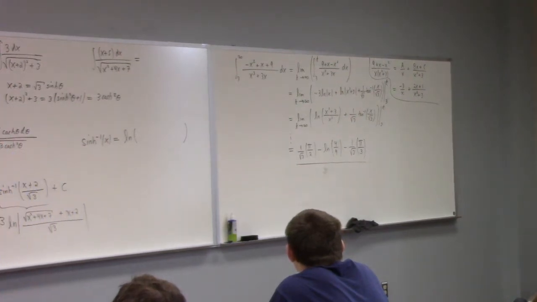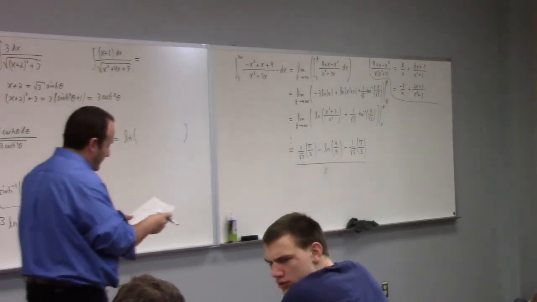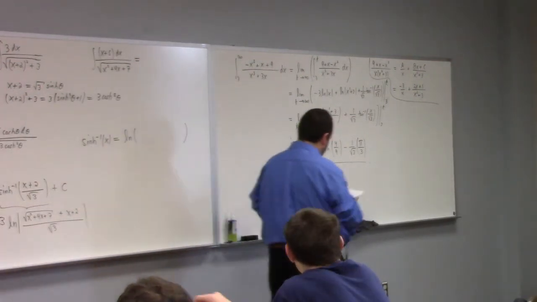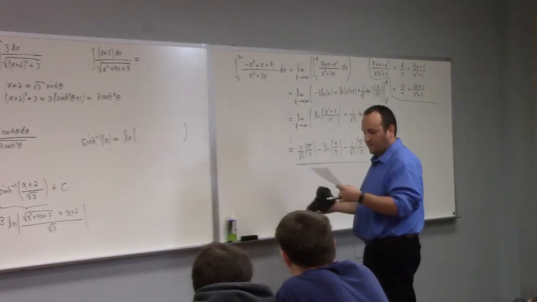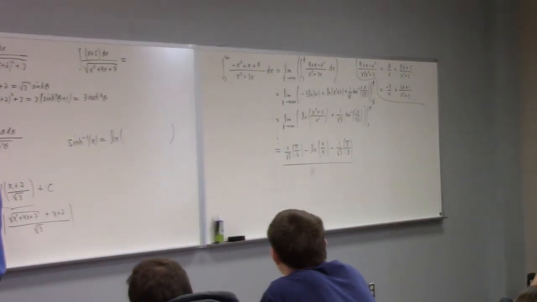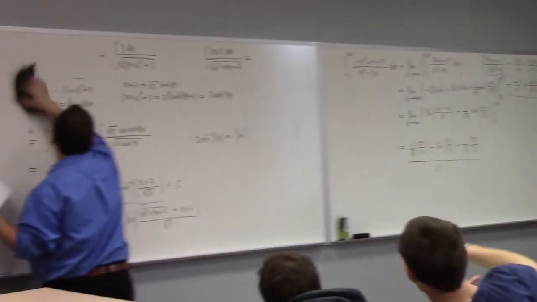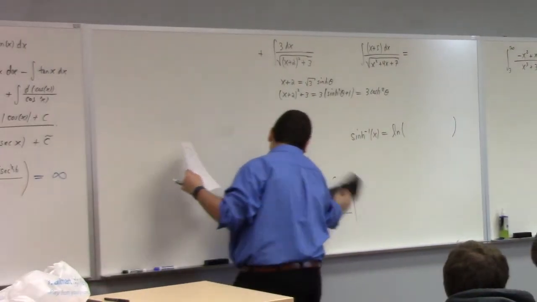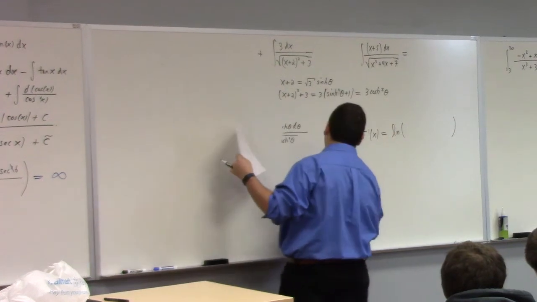And then finally, the last page, we have find the volume of the solid of revolution under natural log x over x from x equals 1 to x equals e, rotated about the x-axis.